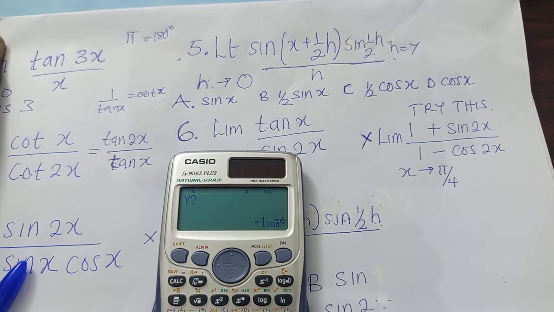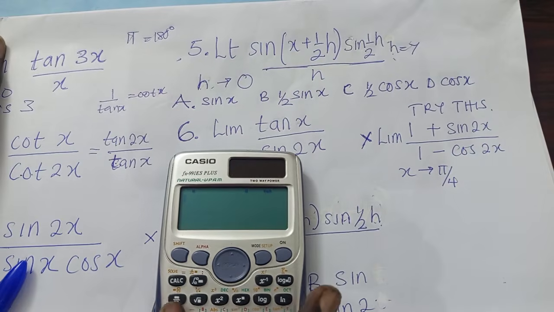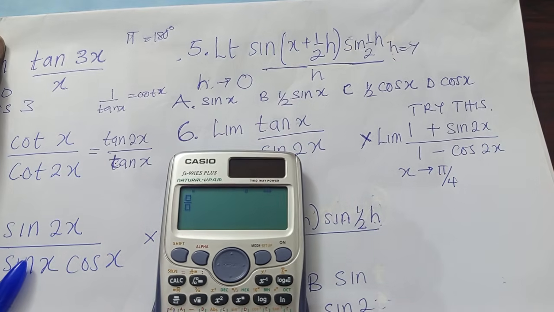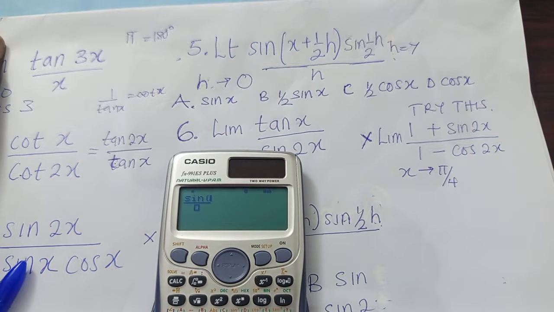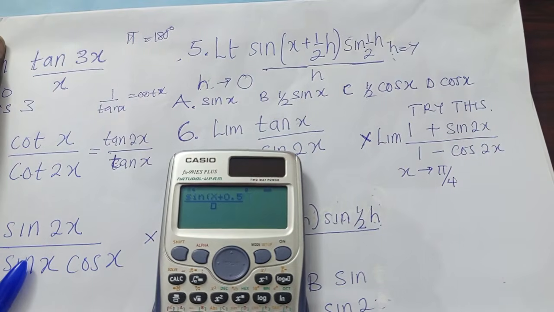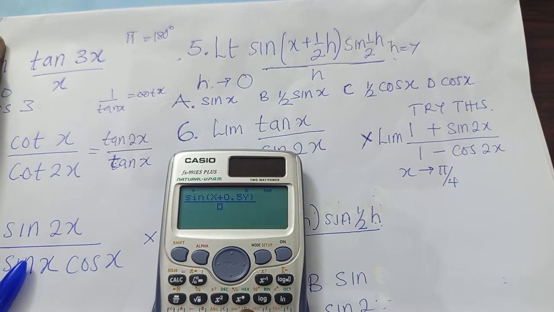Okay, sorry. Let me go back again. Let's start again. I'm supposed to assign a value for x, because our answer will be in form of x. Alpha x, let me quickly do that. 0.5, which is 1/2, y, then sine 0.5.